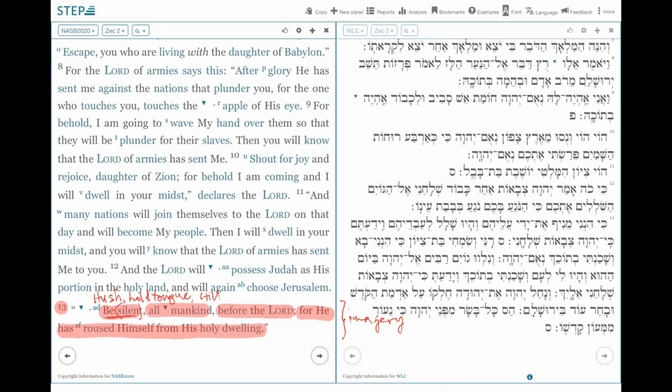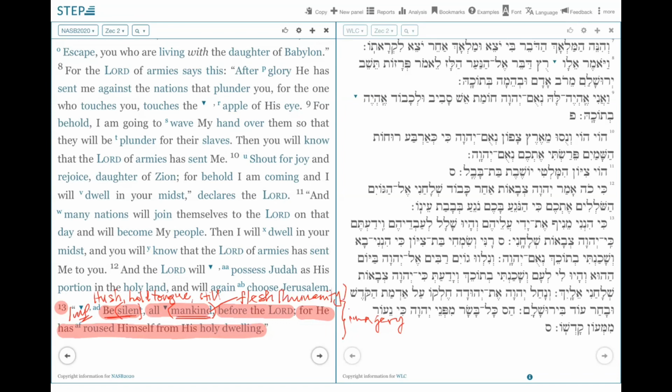Now, the next word is important because this is an imperative, right? An instruction. Instruction to all mankind. Now, this word mankind is not correct, but I'll leave it there because that is a possible way of translating it. But this word literally means flesh. So it is actually talking about mankind, right? Humanity. But people who are, well, things that have flesh.